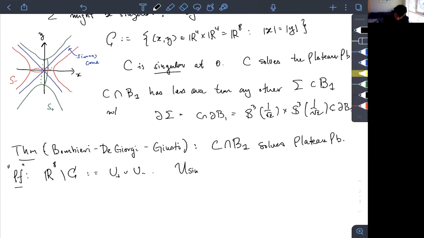Using ODE methods, by writing the minimal surface equation in a symmetric sense and analyzing the resulting ODE, it's not easy to do, but these people were pretty smart, so they were able to do it. You can prove that there exist plus or minus hypersurfaces that are O4 cross O4 invariant.